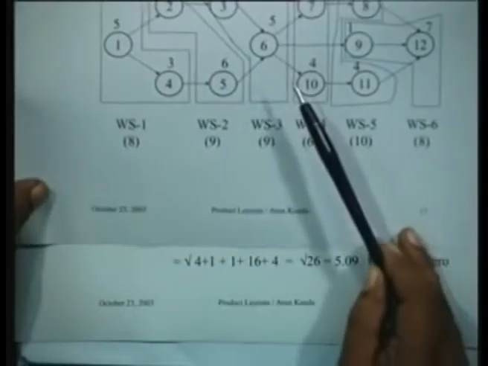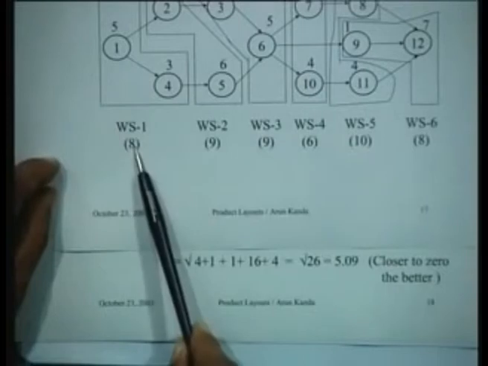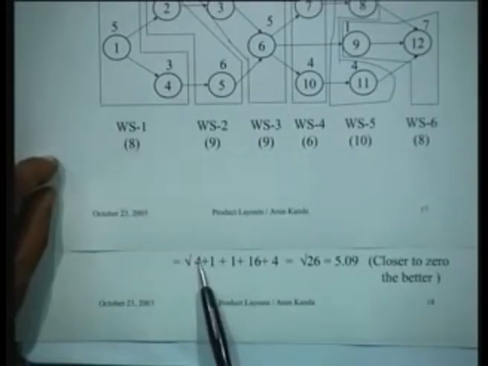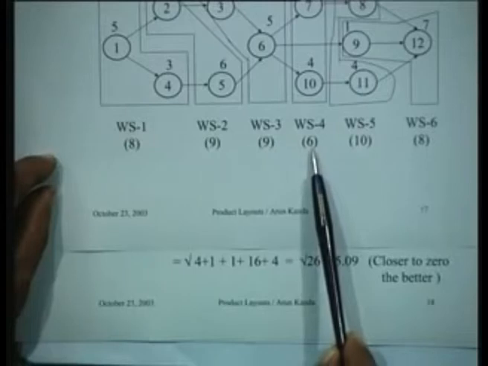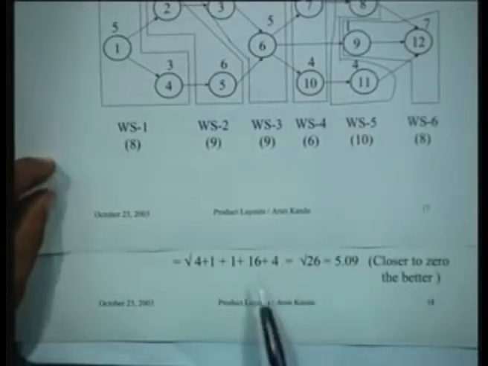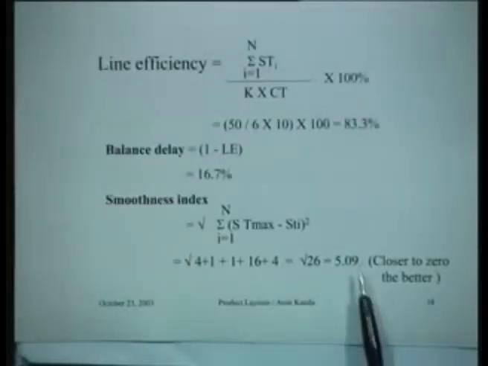Look at this example: idle time here is 2, so 2 squared is 4, here it is 1, so 1, 4 plus 1 plus 1 plus 16, because the idle time here is 4, 4 fours are 16, no idle time here, and 4. So the root of 26, which is 5.09.